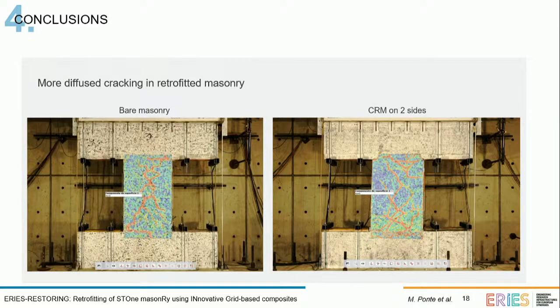Just here, the main conclusions, because this was a very large project and we have a lot of conclusions, but very summarized, just to show you how with the retrofit we can have a more diffused cracking, as you can see here, comparing the bare masonry and the retrofit on 2 sides.